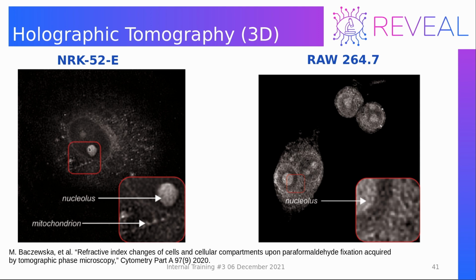The contrast in this image is very high. So we can easily see the nucleolus, which is here, the mitochondrial network is seen here, the cell nucleus, which is this one, and here the same information shown with different cells.